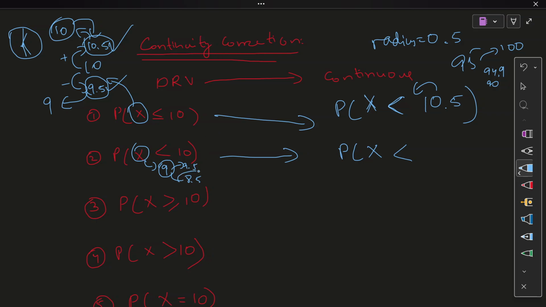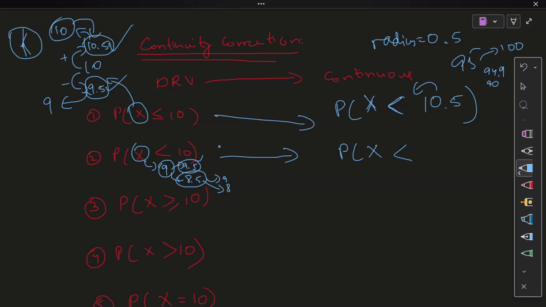So does 8.5 round down to 9? It absolutely does not. Actually, it will round up to 9. But if I round it down, what is it going to round down to? It's going to round down to 8. And 9.5 rounds up to 10. But do I want that?